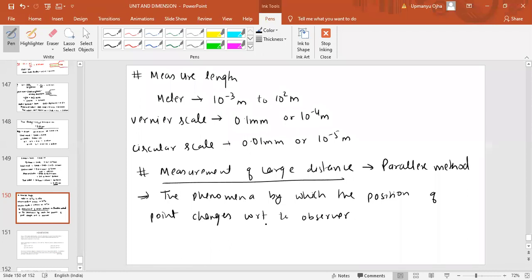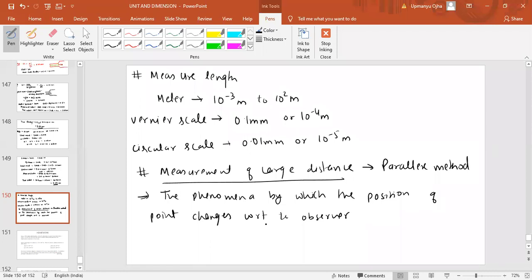You will observe that when you change the point of observation, the position of the pen changes with respect to the wall. If you have a wall at the back, you will find that the position of the pencil changes with respect to the point on the wall.